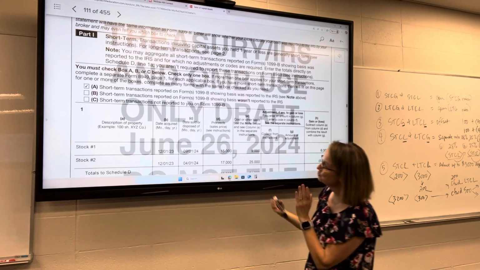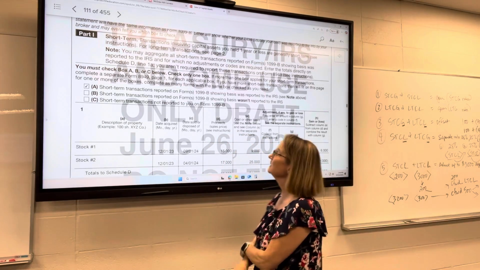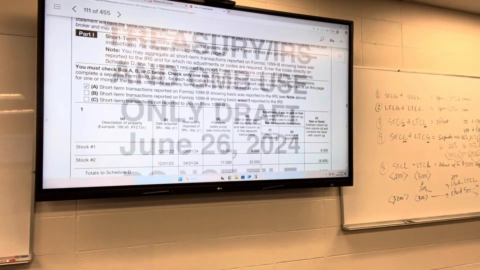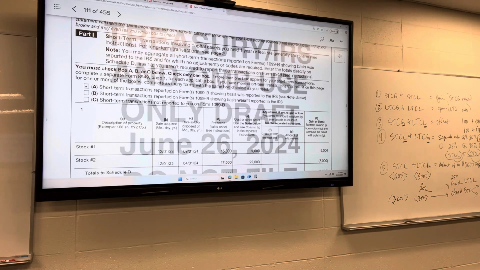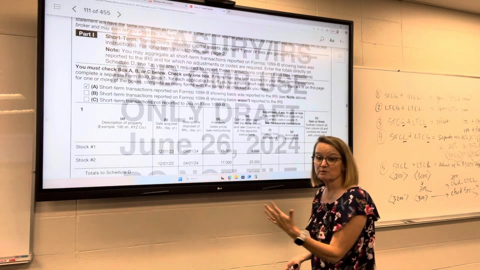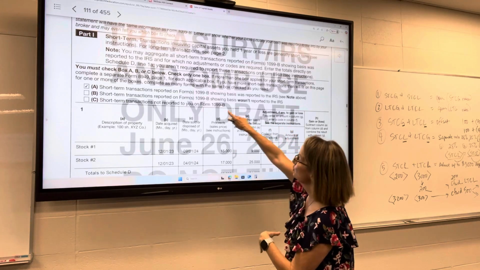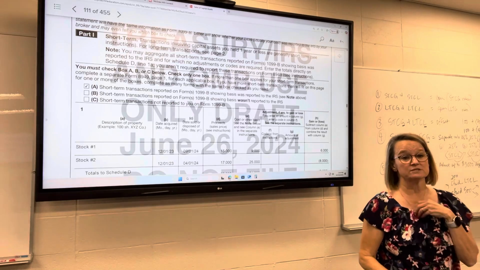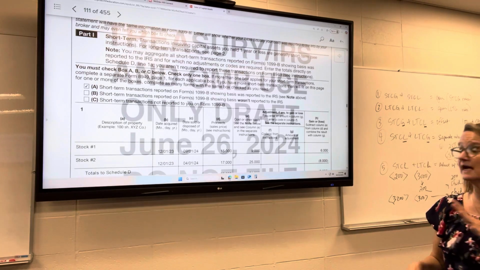Third option is a short-term transaction not reported on a 1099-B. So if you sold a piece of land that you held for less than a year, as a piece of investment property, that would be a short-term transaction and it would not be reported on a 1099-B. So anything that's not reported on a 1099-B.